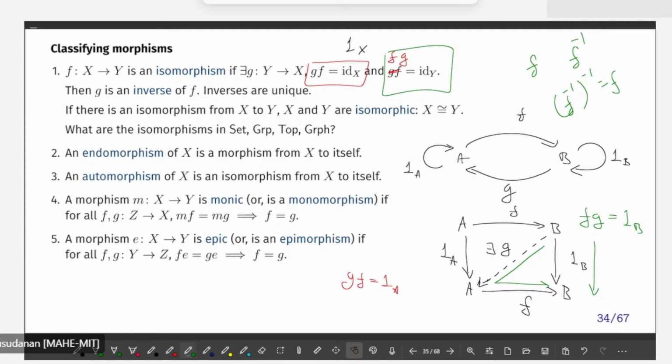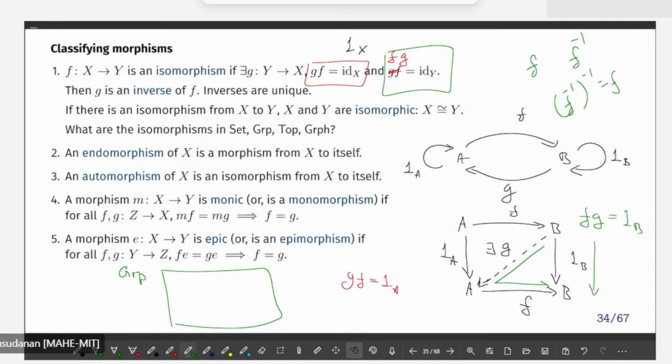Okay, I'll discuss that. So you are in the category of groups. If you treat groups as sets or something else, then it makes no sense. You have to treat them as groups, which means as objects of the category of groups. In the category of groups, what are the morphisms? Group homomorphisms.